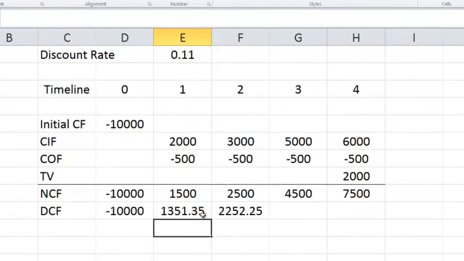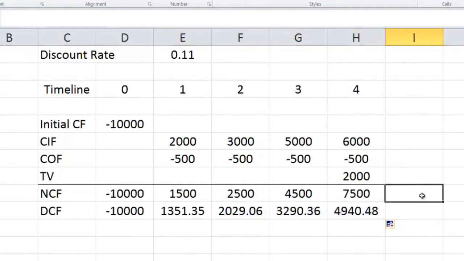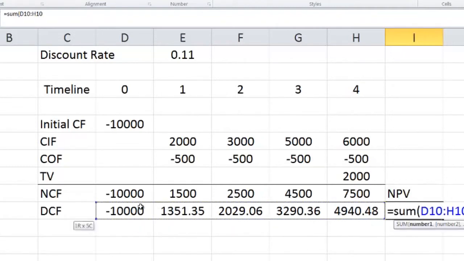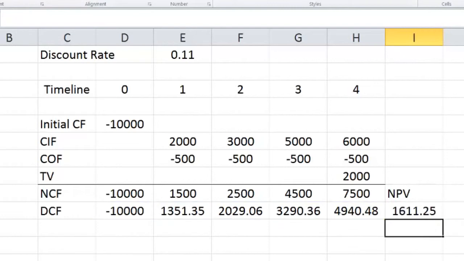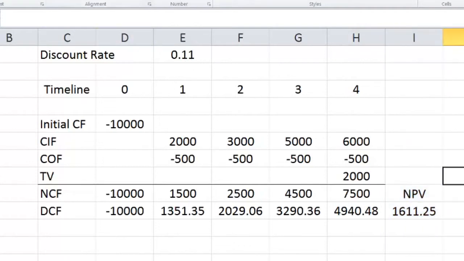But now we have to make sure here, the mistake I just made, I want to discount this twice, and this 3 times, and this 4 times. So now to find the NPV, we just add all those together. And we have a very nice NPV of about $1,600. So we would accept that project.